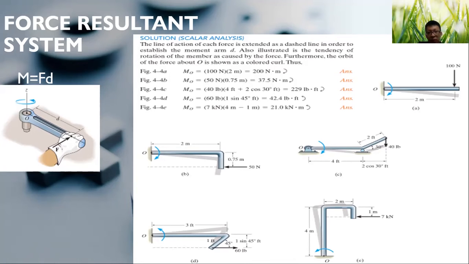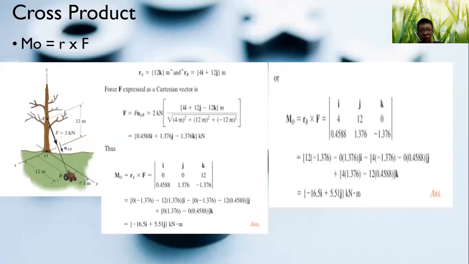Actually in this chapter, we assume that if the object is rotating anti-clockwise, we make it positive, and the opposite, clockwise, negative. But since this example is a scalar analysis, it doesn't care about anti-clockwise and clockwise first. However, we have to pay attention afterwards to the example after this.